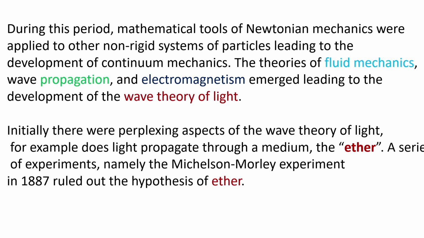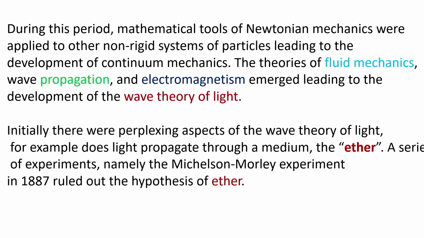Initially, there were perplexing aspects of the wave theory of light. For example, light propagates through a medium called the ether, and then a series of experiments were performed to demonstrate the presence of ether, and it was found to be negative.